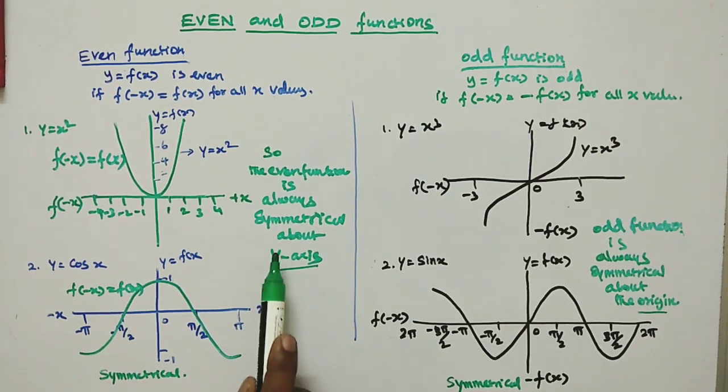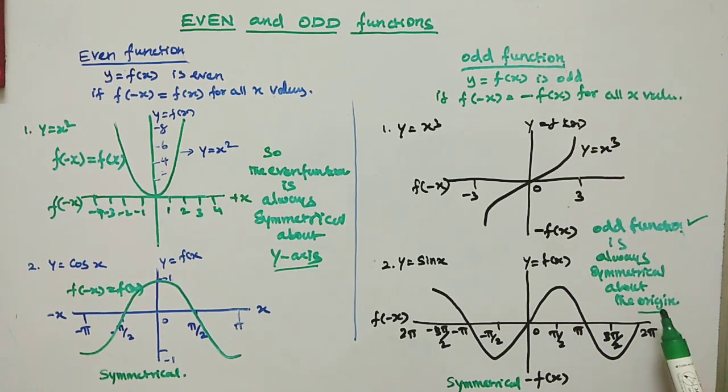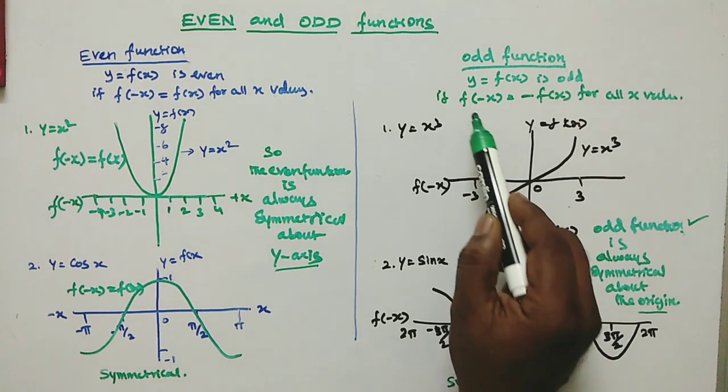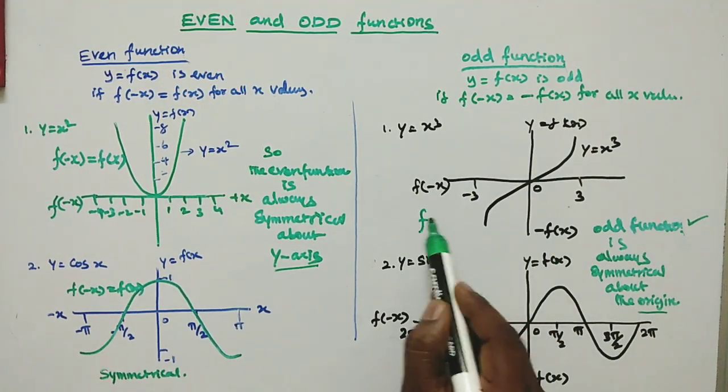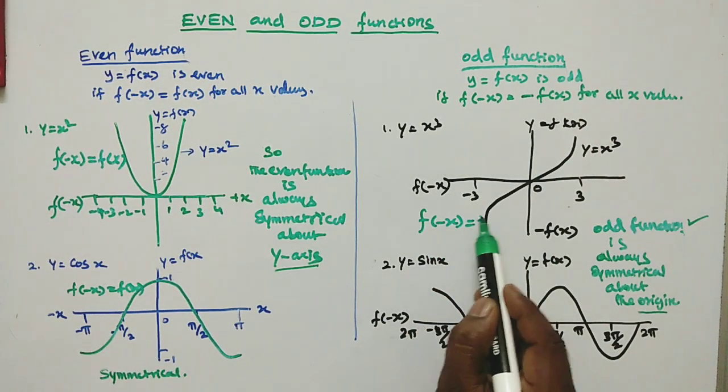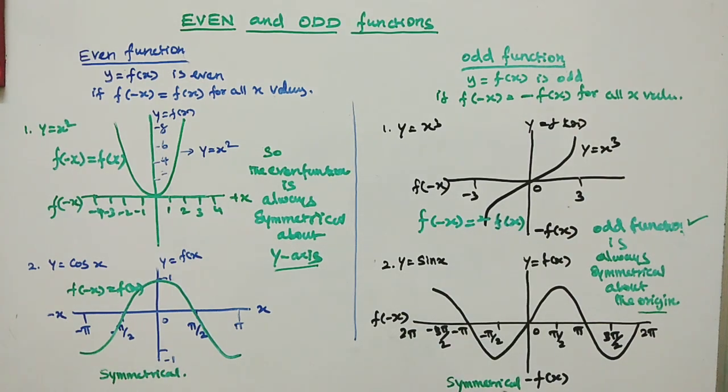Here the even function is always symmetrical about the y axis and odd functions are always symmetrical about the origin. So we can easily obtain this relation here, f of minus x is equal to minus f of x, and here also f of minus x is equal to minus f of x.